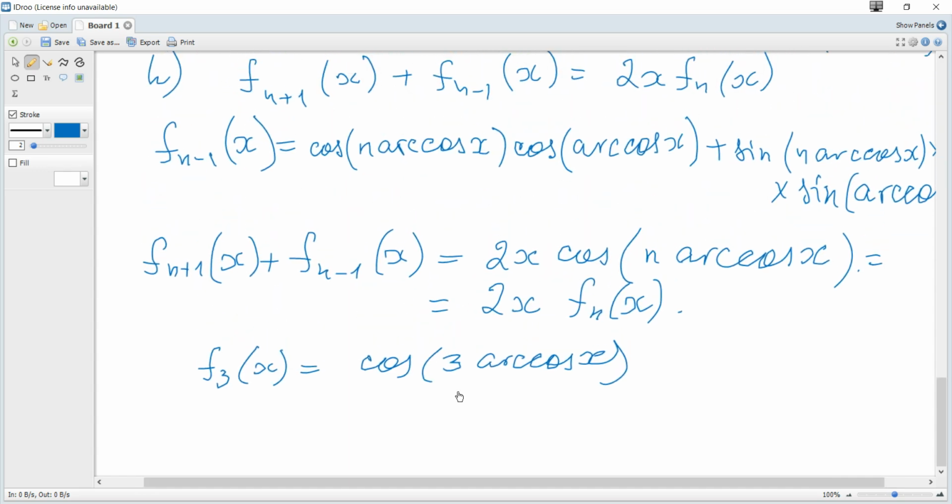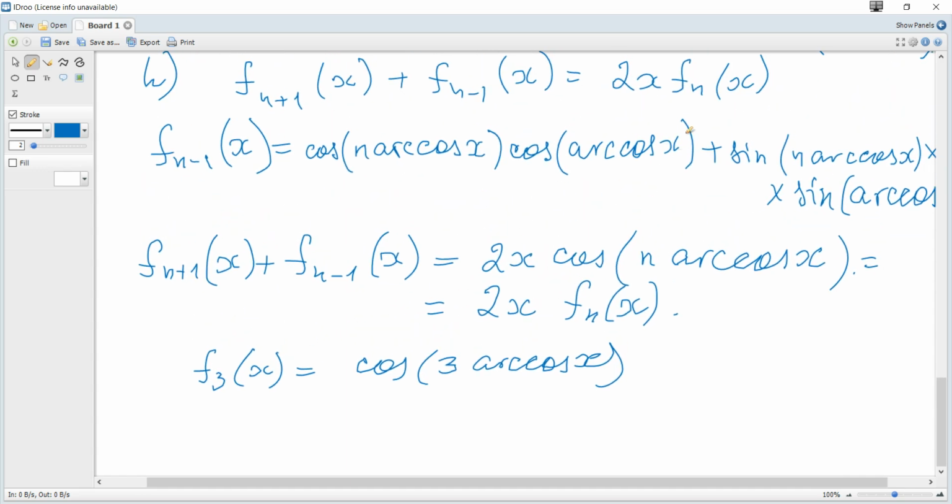So if we need f3(x), using this identity we can write that f_{n+1} becomes f4(x) plus f_{n-1}, which is f2(x), is 2x f3(x).